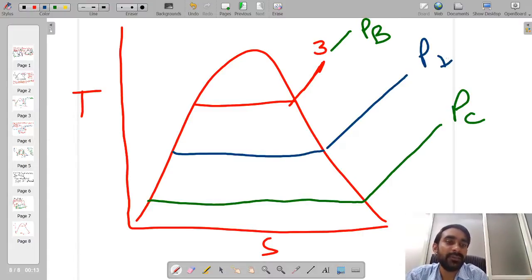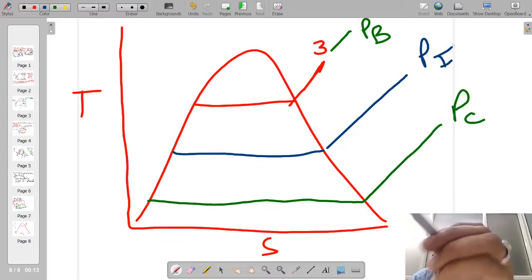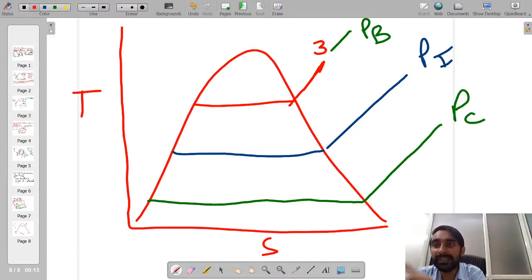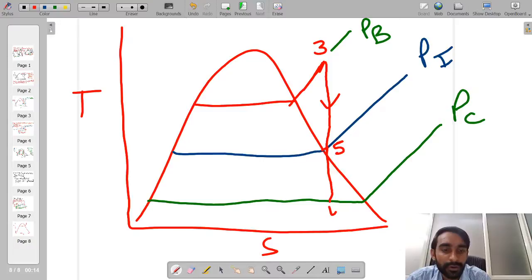and over here we are having one more pressure line, say this is our intermediate pressure. Okay, so now what has happened, if you try to see the expansion process, it has happened from point number 3 to first intermediate state, point number 5, and then it has continued till point number 4 where we are having the condenser pressure.